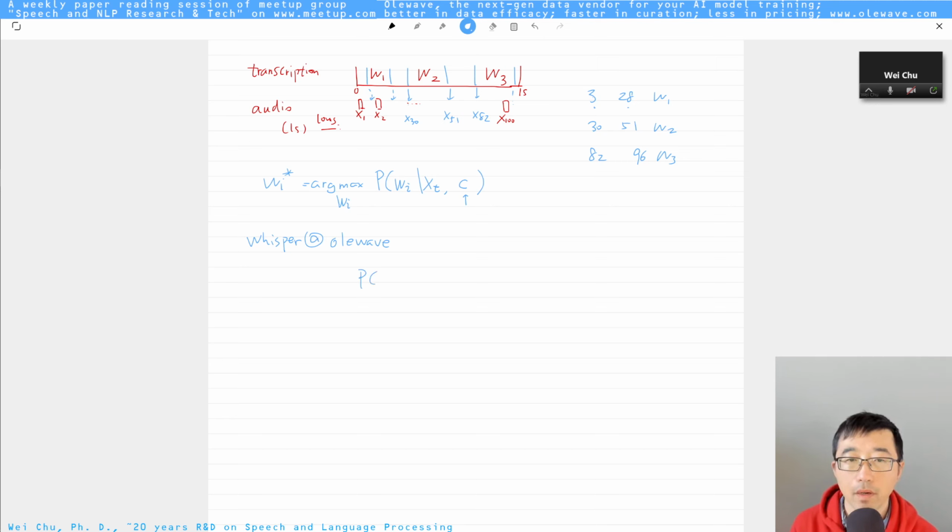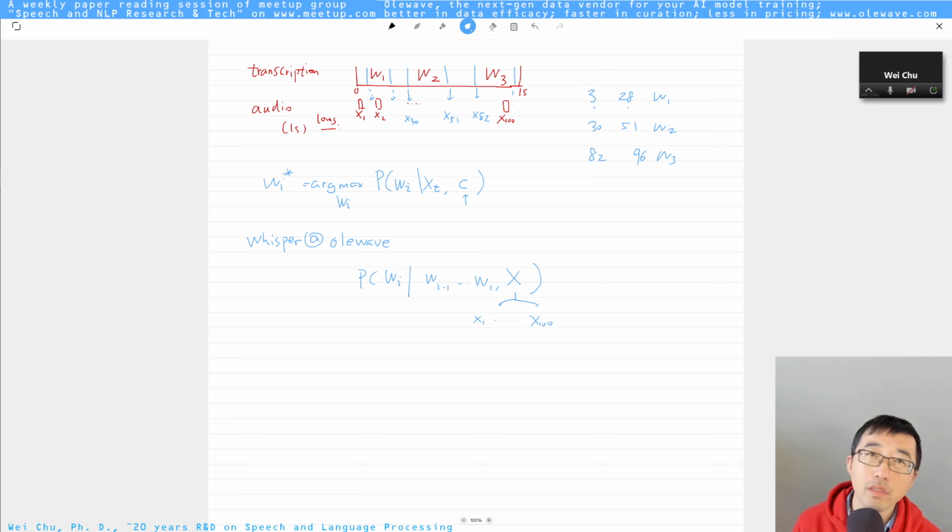The probability of Wi is being calculated from W(i-1) down to W1, and given X. What do I mean by X? X is x1 to x100 in this case.